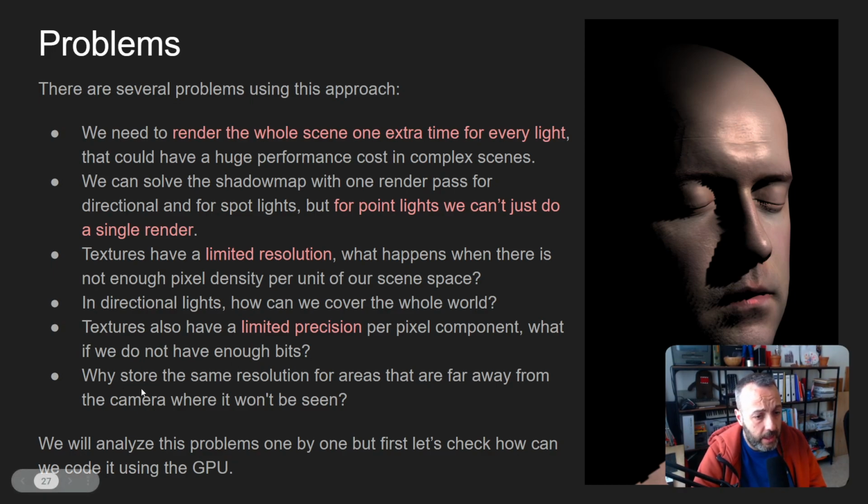And also, this is a common problem: when you have shadow maps, if you are generating the shadow map of a light that is very far away, and I'm using, I don't know, a 1000 pixels shadow map for that light that is super far away, I'm wasting a lot of resources because I have to render a lot of information. And when I'm rendering the final scene from my point of view, maybe this is going to be like, I don't know, 20 by 20 pixels on my screen where that light will be visible.